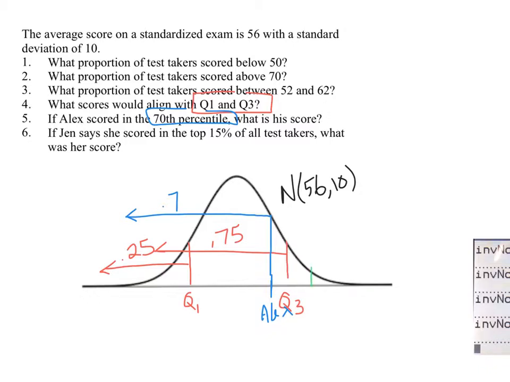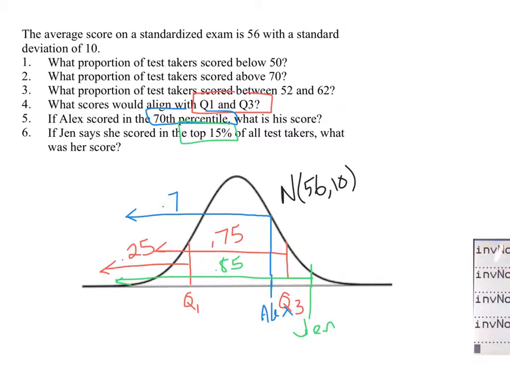Let me put this in green. Jen is here, and if there's 15% above, that means 85%, or 0.85, is below. Again, I'm putting this all on the same curve in the interest of time. Normally you do all of these separately, but this would be your work for each one of these questions.